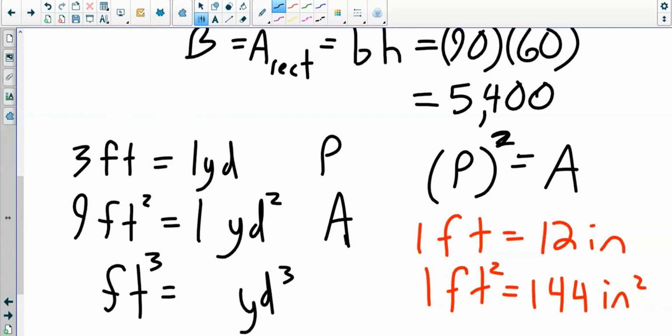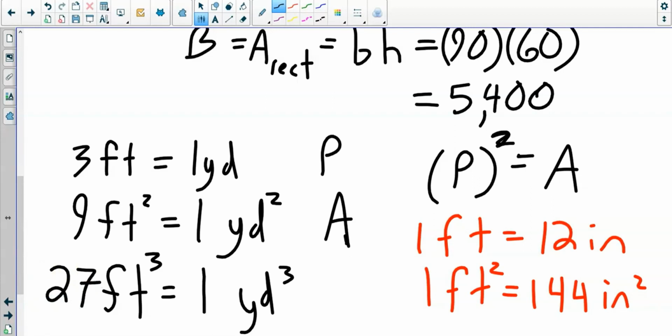Take a guess as to what you think these numbers are going to be. Try it. So, if you guessed 27 and 1, you are correct.